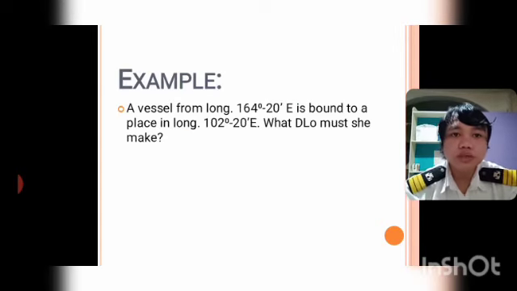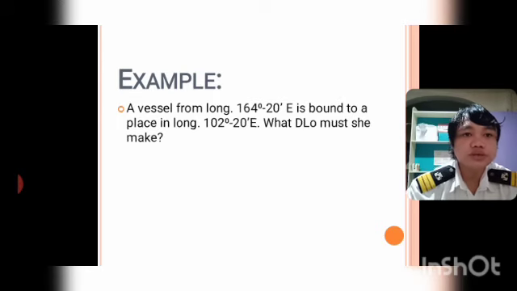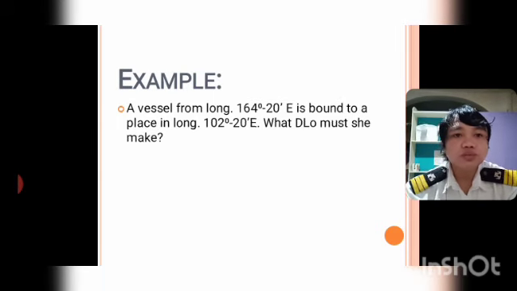Next, we have a vessel from 164 degrees 20 minutes east bound to a place in longitude 102 degrees 20 minutes east. What is the difference of longitude? You came from 164 degrees, both located at the eastern side of the meridian, or the right side of the meridian.